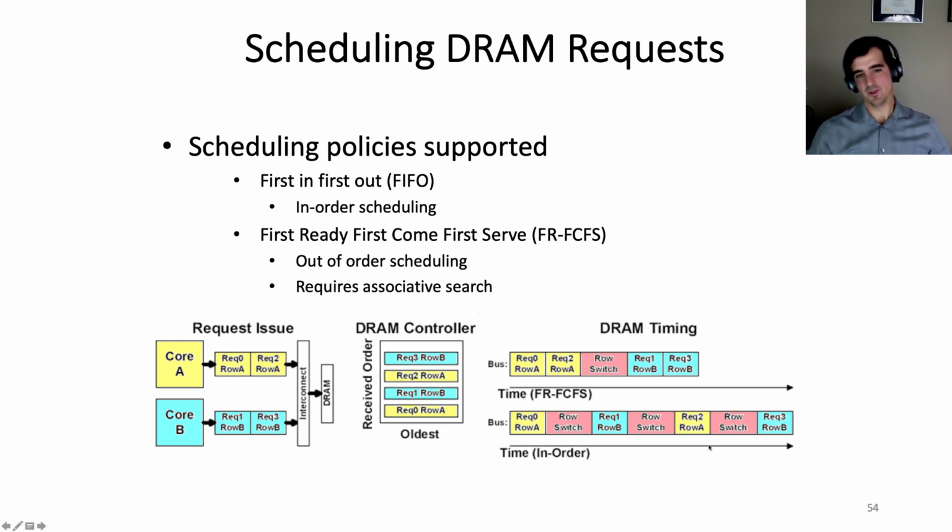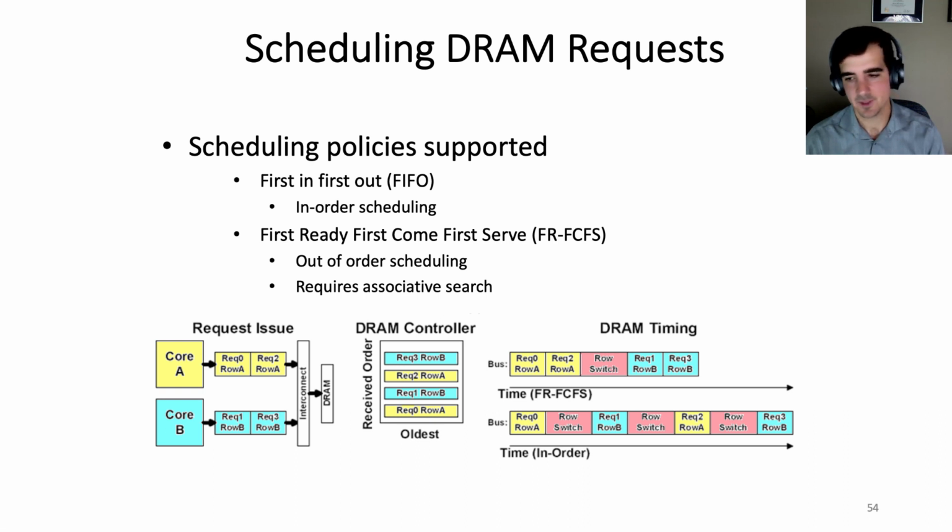And that is all modeled in the simulator, and you can implement any advanced type of out of order scheduler that you'd like inside the simulator, and you should be able to see different results. And you can just flip a switch in the configuration file to see what the difference between the FIFO and the first ready, first come, first serve scheduler is.